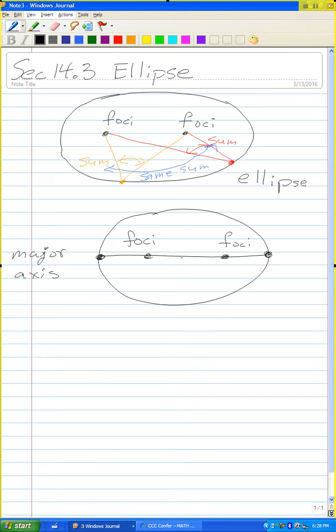The midpoint between the foci is called the center. The line perpendicular to the major axis passing through the center is called the minor axis.